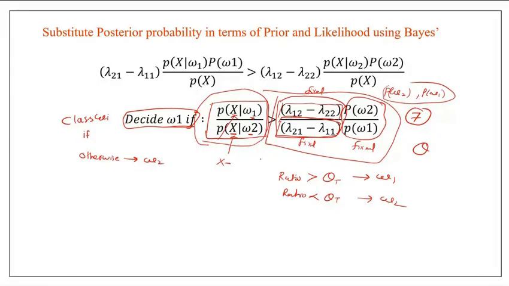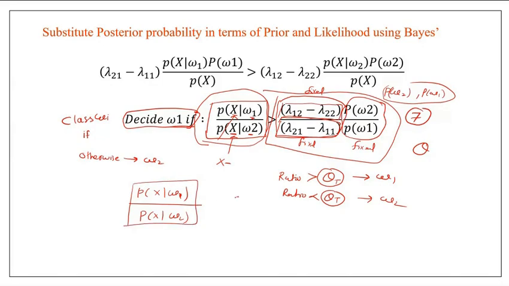Once you solve this formula number 7 for your problem, you will obtain a theta t, a threshold value. What you have to do is just calculate this likelihood ratio for a given x and compare it with theta. If this is greater, then decide omega 1. If this is less than theta t, decide omega 2. That's it. This is very simple.